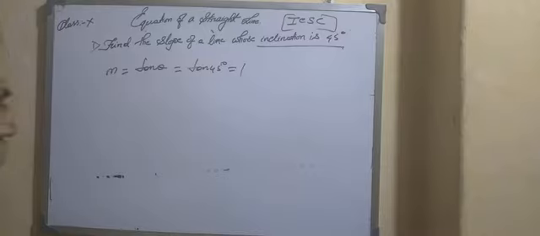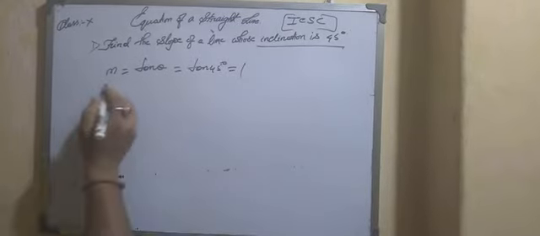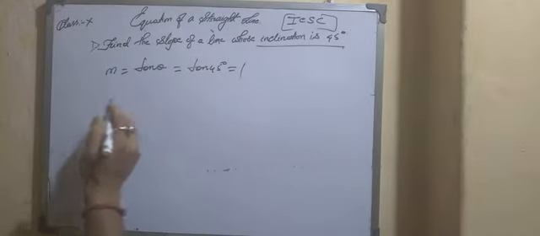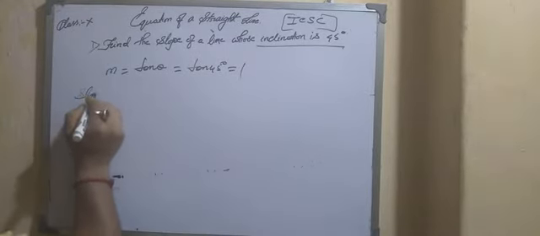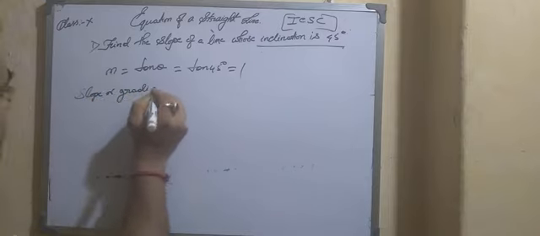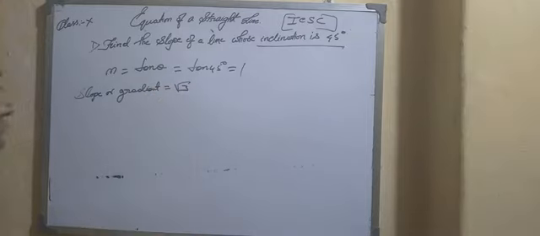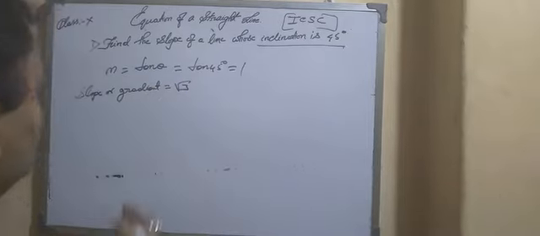If a slope or gradient is equal to root 3, find out the inclination.